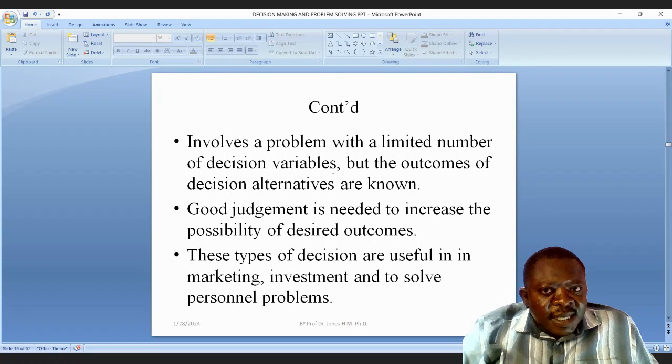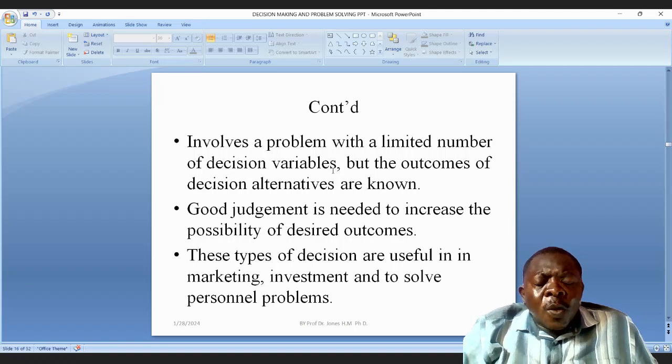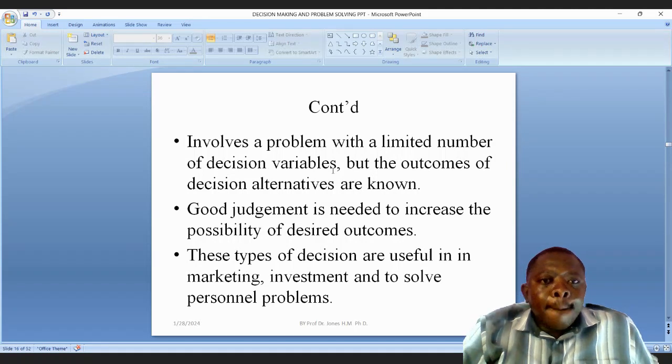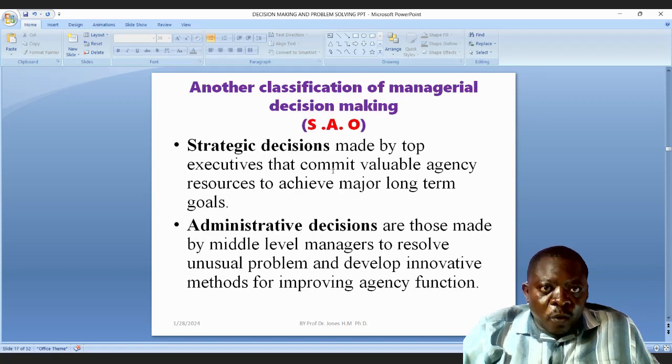Good judgment is needed to increase the possibility of desired outcomes. You can have numerous research findings, but coming up with the best solution, the best alternative to the challenge that you're facing, requires good judgment. So these types of decisions are useful in marketing, investment, and also to solve personnel problems.